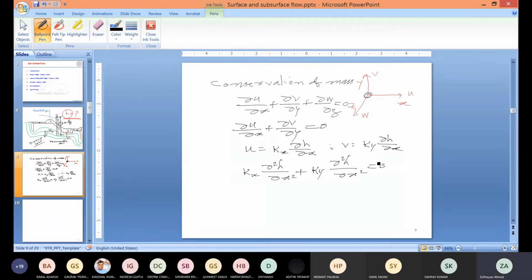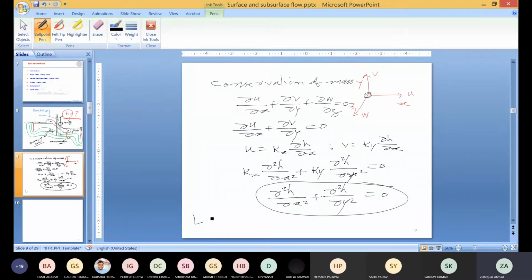So let us assume that the soil here is isotropic. Then we can solve this as del square h by del x square plus del square h by del y square is equal to 0. And you know that this is the Laplace equation.